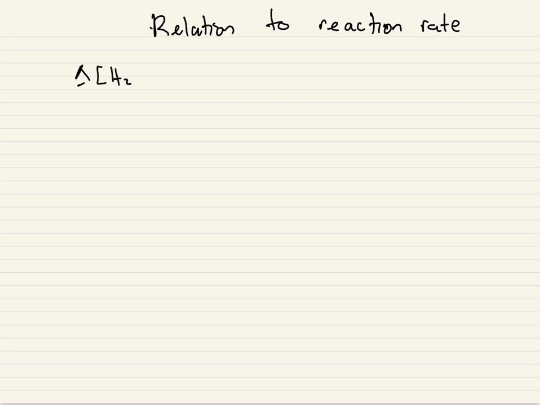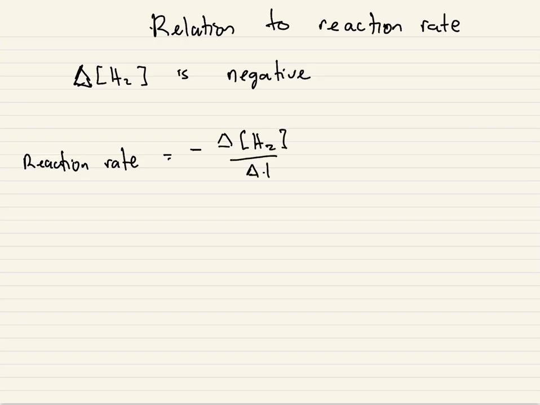So this will be 2 times the reaction rate. Delta H2 is negative, so the reaction rate is going to be equal to minus the change in concentration of H2 over the change in time.